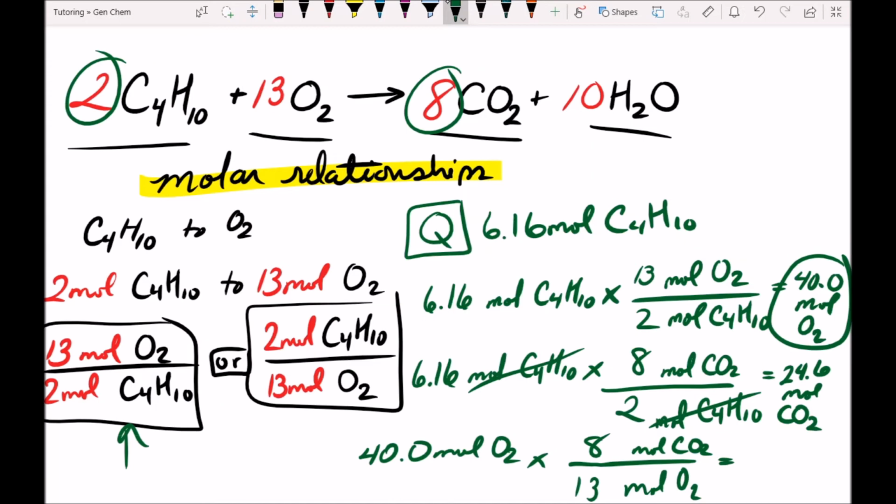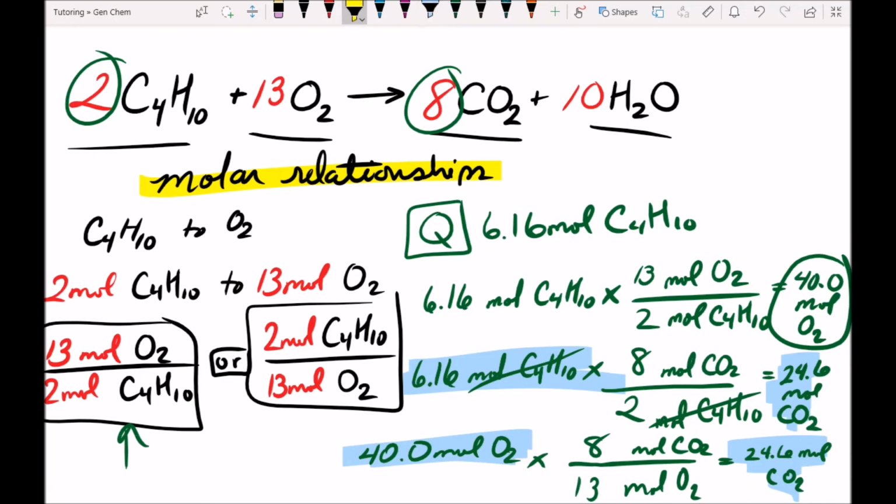We see that 40 times 8 divided by 13 is still 24.6 moles of CO2. So notice, we get 24.6 moles of CO2 if we start with either the number of moles of butane or the number of moles of oxygen.